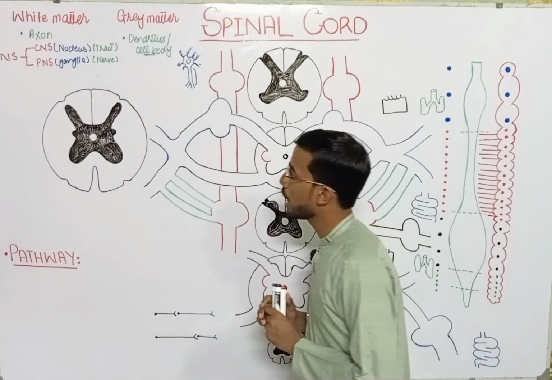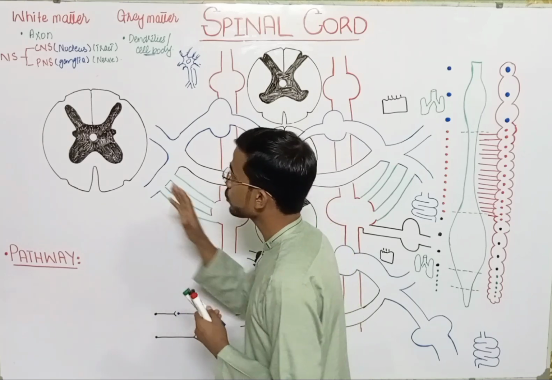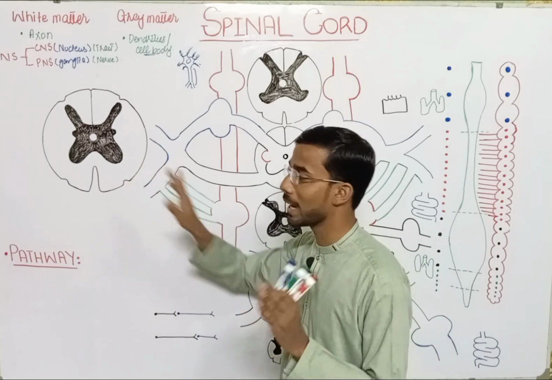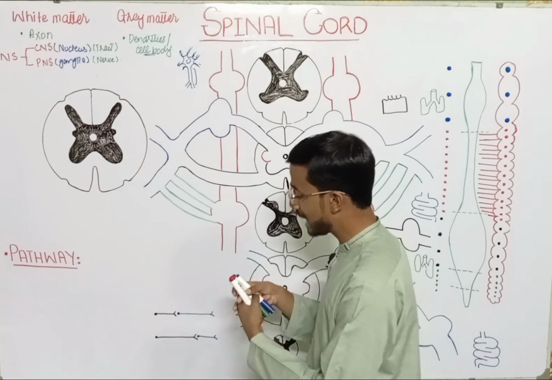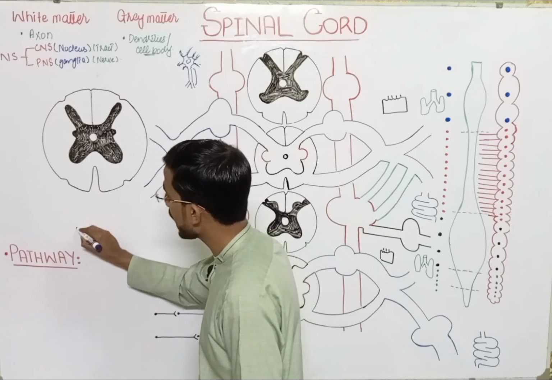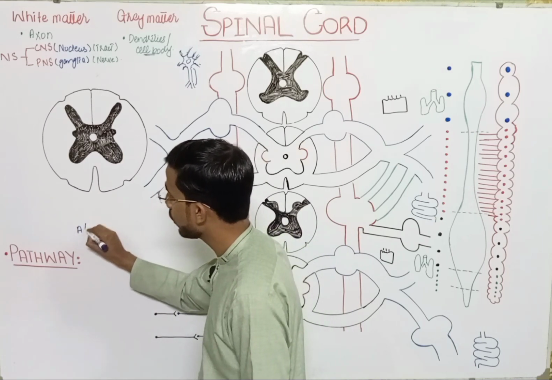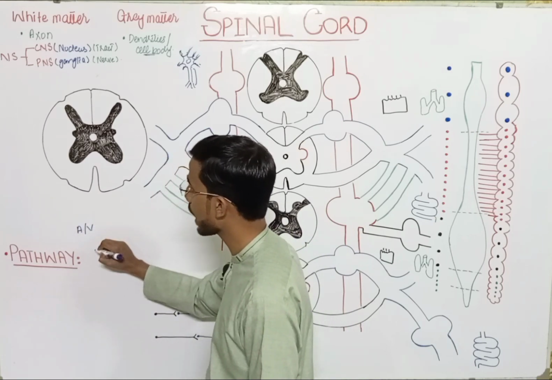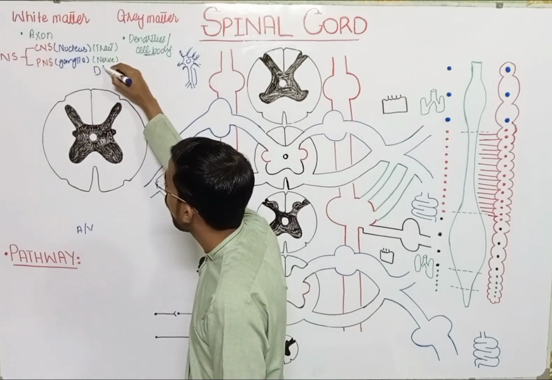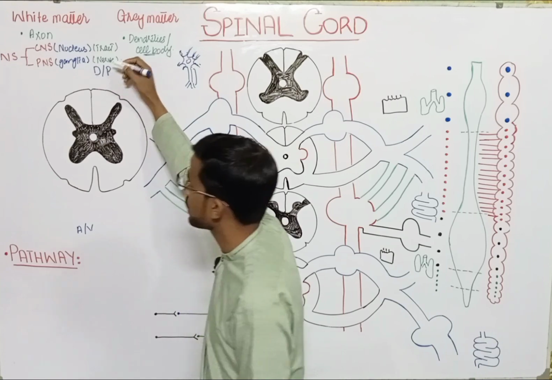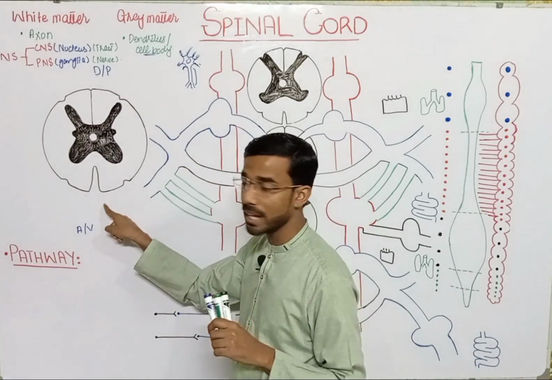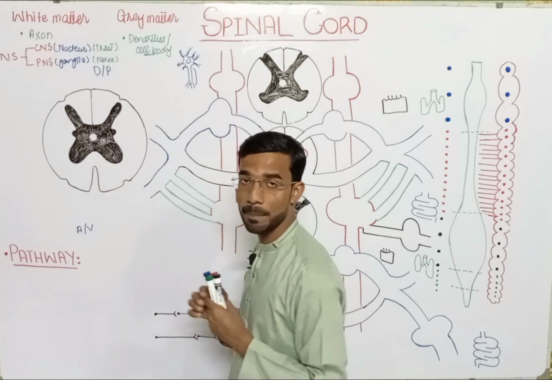Next, moving forward, here you can see the cross-sectional area of the spinal cord. This is the anterior side, or you can say ventral side, and this is the dorsal side, or you can say posterior side. At the anterior side you see a deep depression.